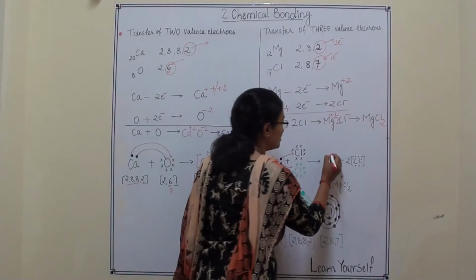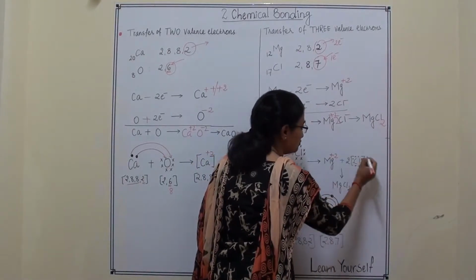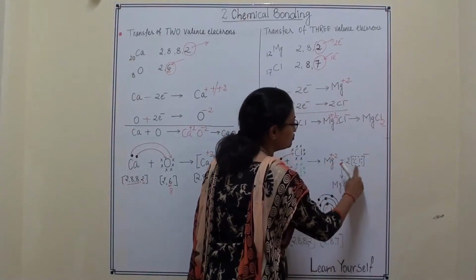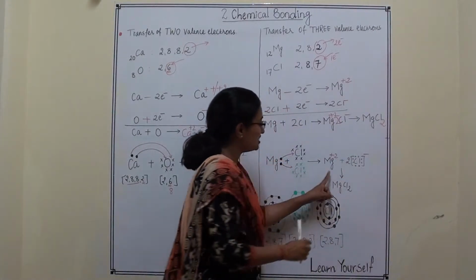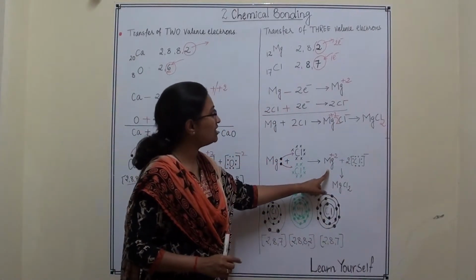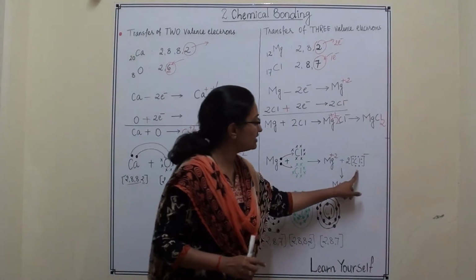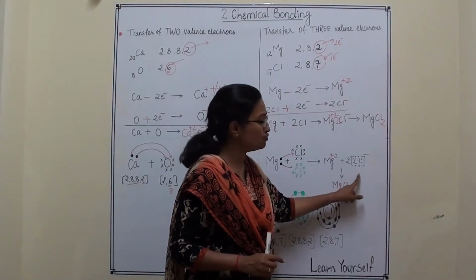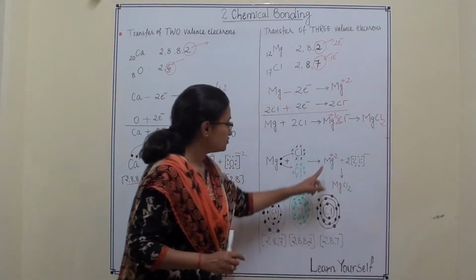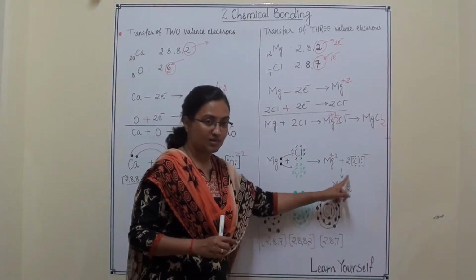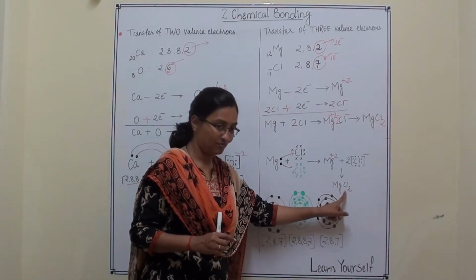So the charge formation will be plus 2, and here it will become 2 Cl minus. Here the electronic configuration will be 2, 8 and here it will be 2, 8, 8. So in turn magnesium chloride, MgCl2, will be formed.